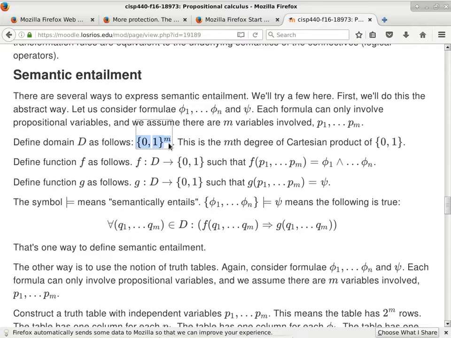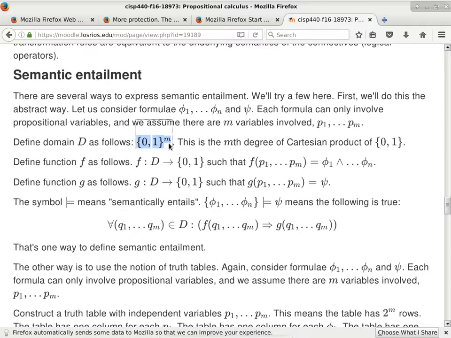Okay. So if I were to write down on the whiteboard a summary of what we have at this point, we have n well-formed formulas. We have m variables involved in these formulas. Well, there's technically n plus 1 formulas because there are n phi's, and then there's one psi at the end. But all of those involve only m variables. Is that okay?